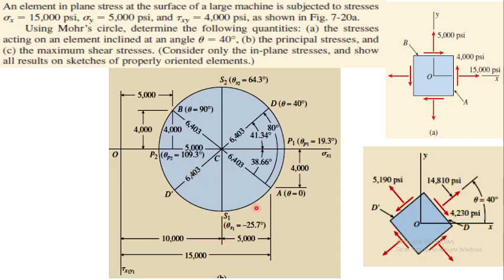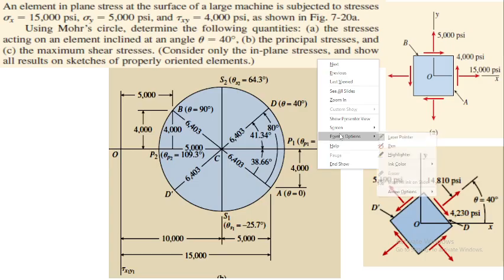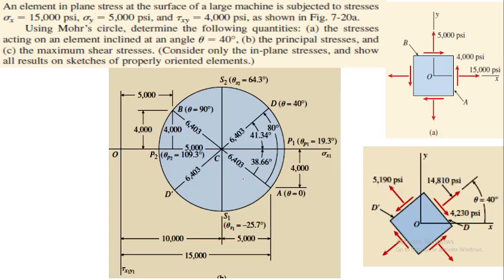Now, how to calculate theta S1? The angle of the maximum shear stress plane will move in the backward direction. We will be moving from here in the backward direction, in this direction.